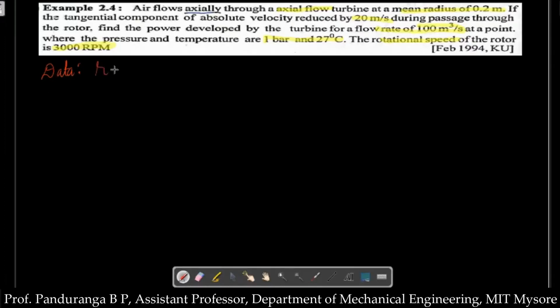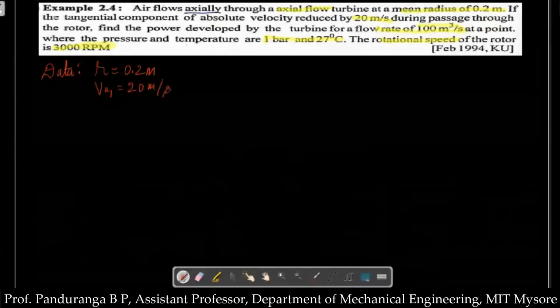So I'll denote it by small r, and that is equal to 0.2 meter. If the tangential component of absolute velocity is 20 meter per second at the inlet, because air is entering at that point, I'll call that VU1 will be equal to 20 meter per second.